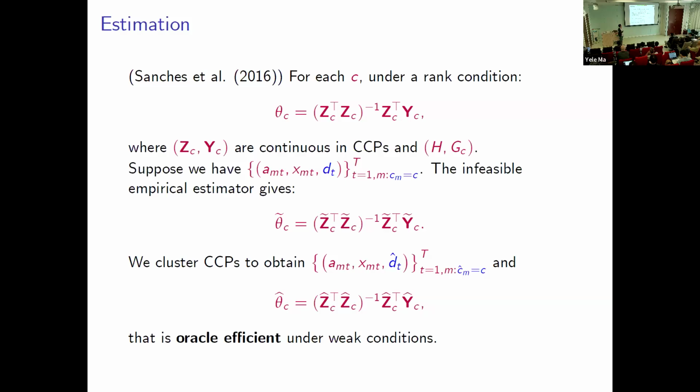Therefore, if you observe everything, meaning A, X, D, and C, then you can estimate the CCPs and this transition law using, say, the frequency estimator. Then these are consistent, and you can therefore get a closed form estimator for theta C. But if you don't observe C and D, then you can estimate them, which is what we propose that you do. And if you do that, then you get a feasible counterpart of this. And we're going to show that the estimator that you obtain through clustering can behave as well as this estimator.